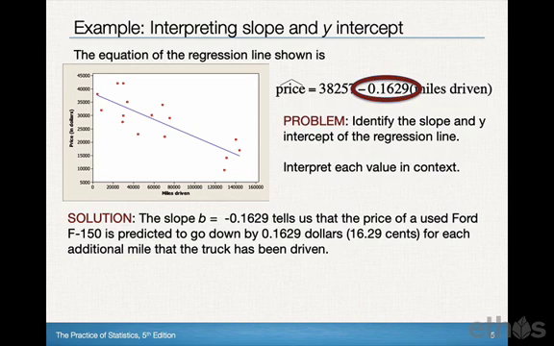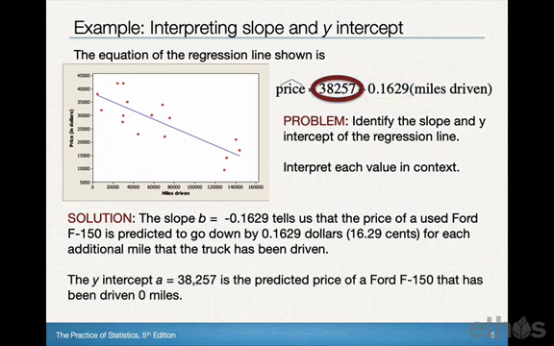Now, you don't say y variable and x variable in your sentence, you put the context in. So in this case, the y variable was the price of a used Ford, and the x variable is the number of miles driven. So please put the words number of miles driven and price of a used Ford instead of x and y, and you will have inserted the proper context into your question.